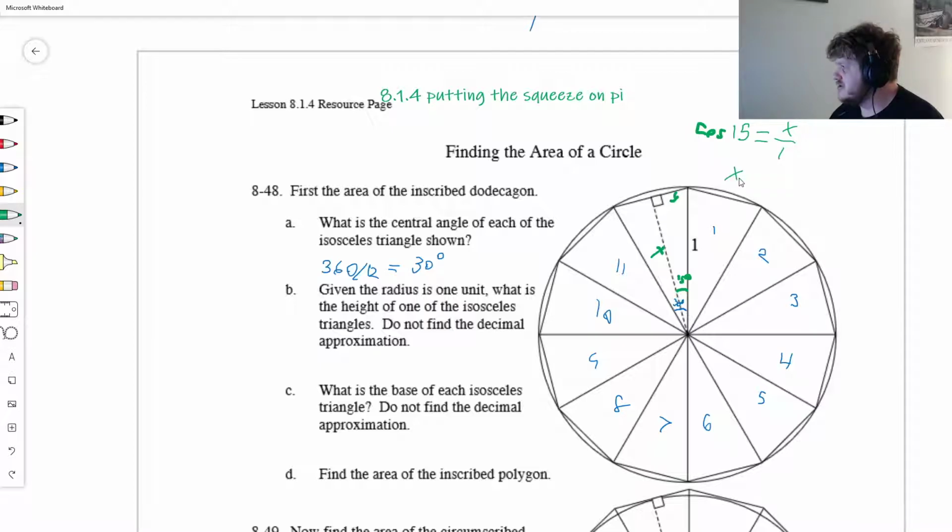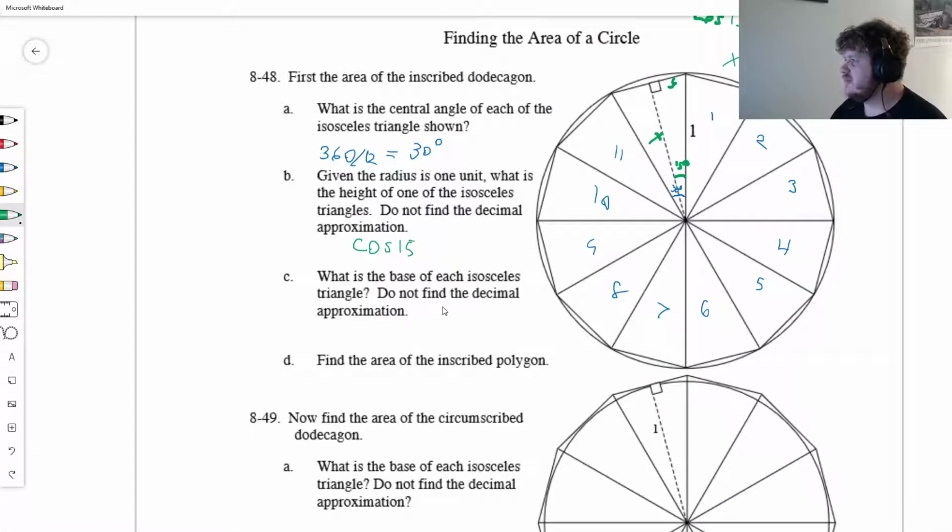So x equals cosine 15, which means this length is just cosine of 15. We're going to leave it as that because we're going to see in a moment some nice cancellations using some of our trig rules.